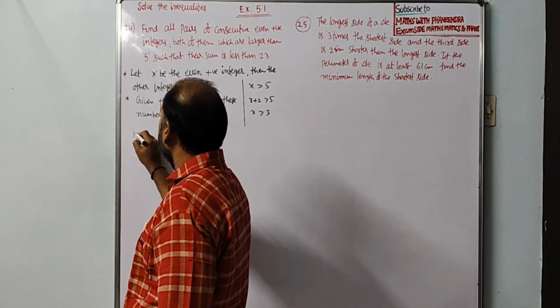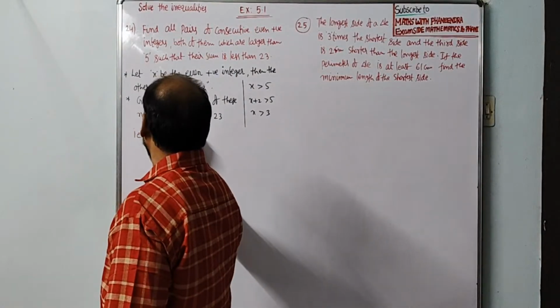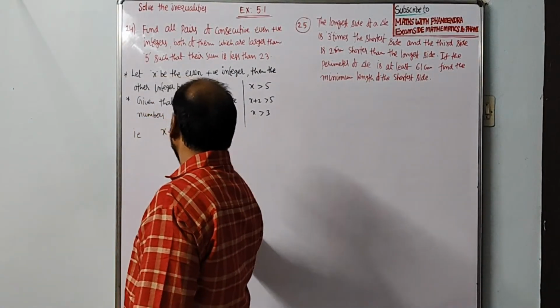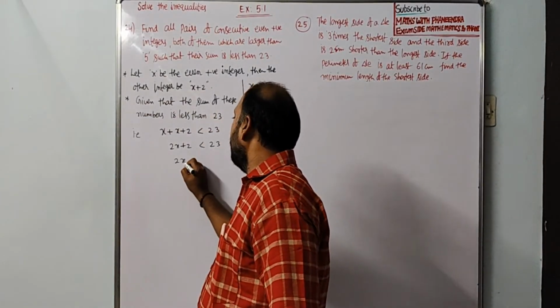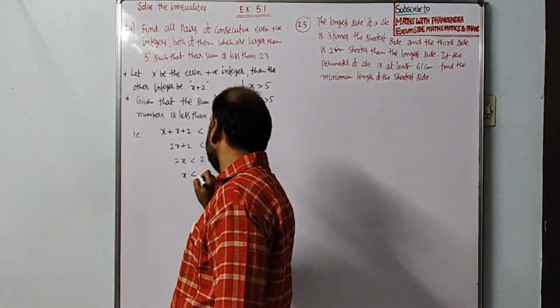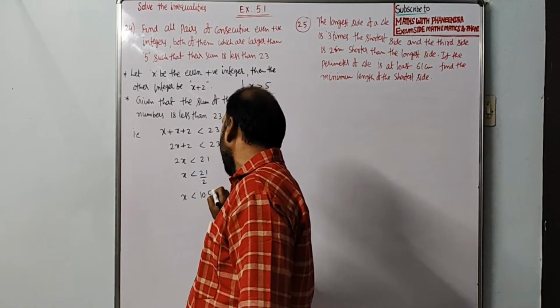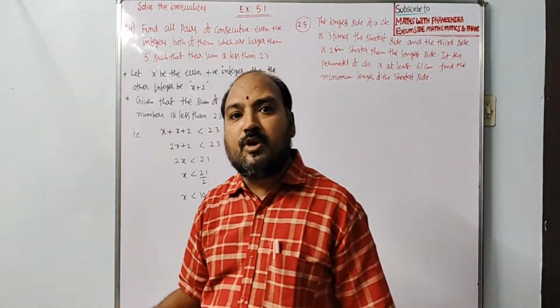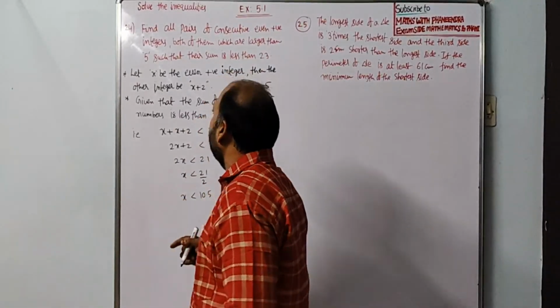That is, sum of these numbers means what? x plus x plus 2 less than 23. 2x plus 2 is less than 23. 2x is less than 23 minus 2, which is 21. So x is less than 21 by 2. x is less than 10.5. 20 by 2 means 10, so 21 by 2 is 10.5. So x is less than 10.5.